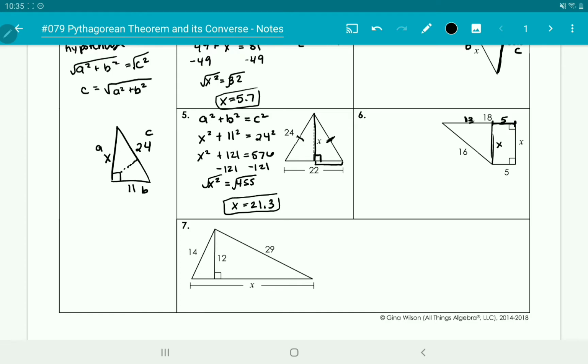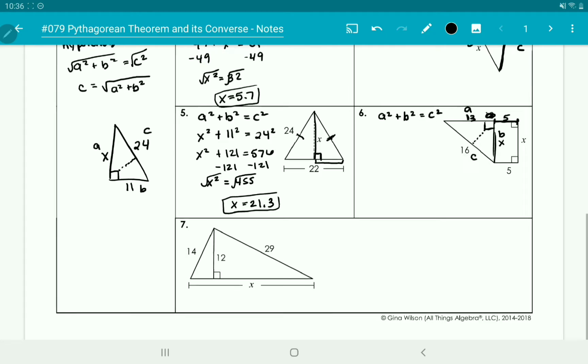So we have one with 13, we have this 16, we have this 90-degree angle. The one across from that 90-degree angle is the hypotenuse, so that's going to be C, and then A and B. So A is 13, B is X, and C is 16. I want you to go ahead and plug those numbers in and try this one on your own.